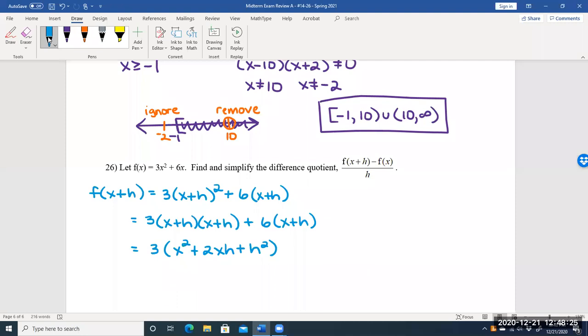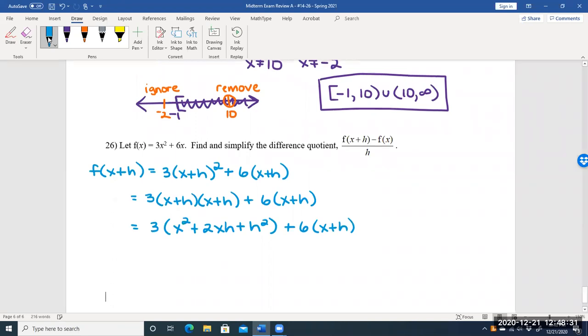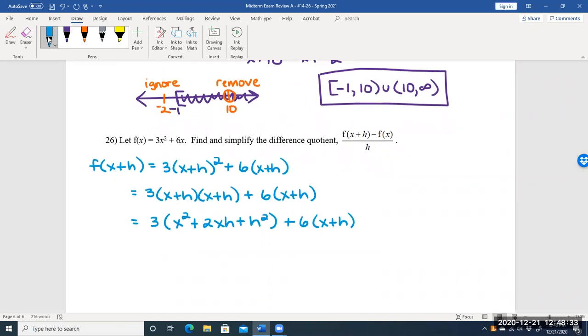So I went ahead and combined those middle terms there. So you're going to have an xh, and then you're going to have a second xh. So xh plus xh is a 2xh. So this is what we get when we square x plus h.